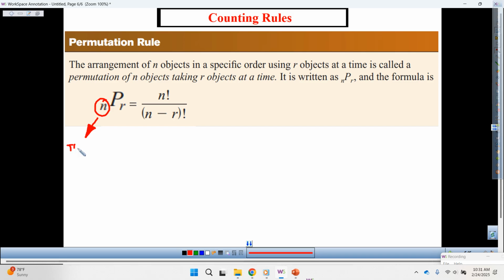The total number of objects. That is correct. Total number. However, what does r represent? r represents the specific number of objects.